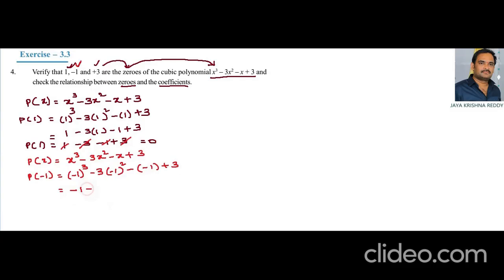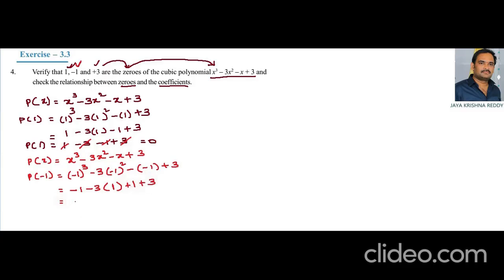And next minus 3 as it is in brackets. Here minus 1 square is there. Minus 1 square means minus 1 into minus 1. So minus into minus is plus, and 1 into 1 is 1. So minus 1 square value is nothing but 1. And next we have minus of minus 1, so it will become plus 1, and the next number is plus 3.